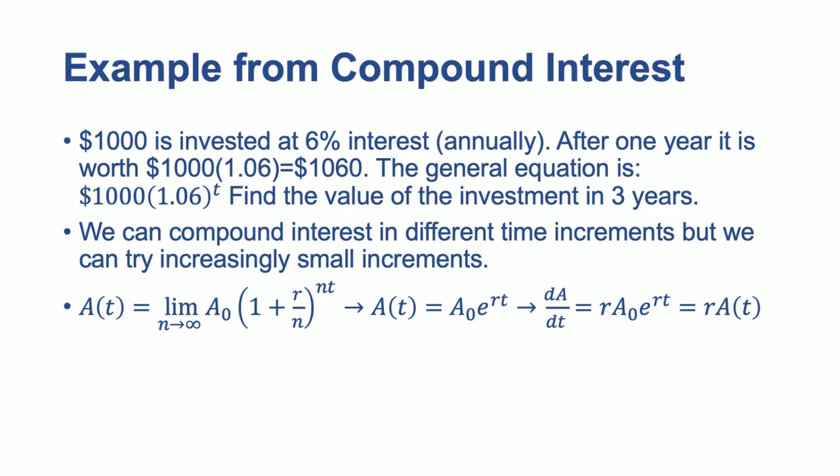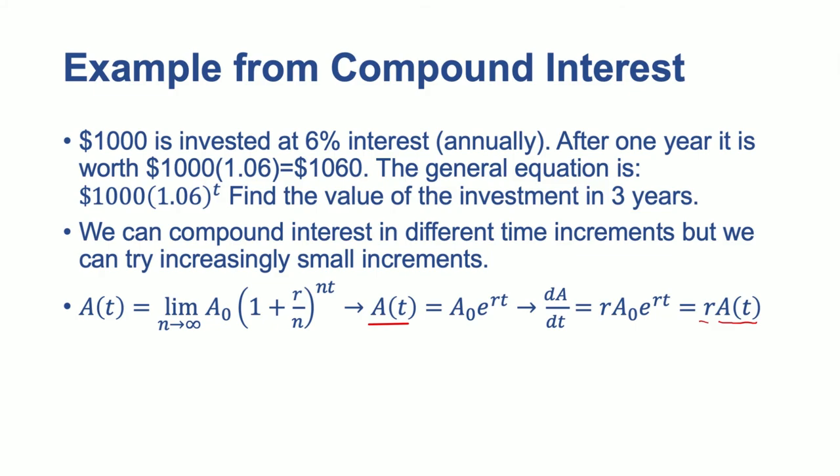This is very similar to the equations we saw earlier. And if we differentiate this, we will get our initial value A naught r e to the rt. And of course, this shows that our rate of change is proportional to our function, because we just have a constant being multiplied by our original function A of t over here.